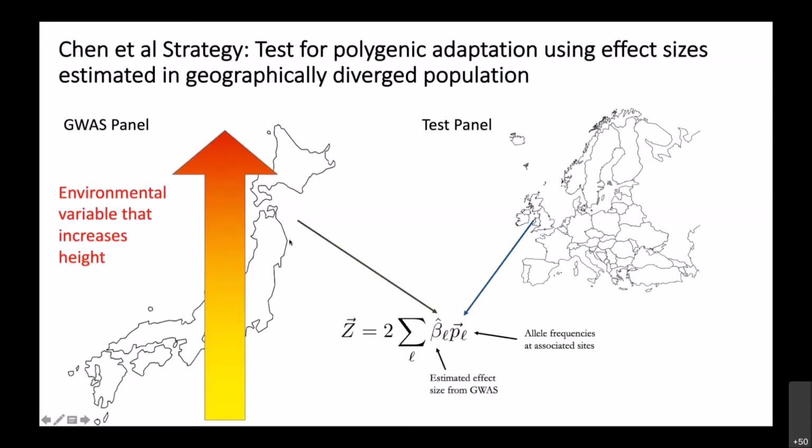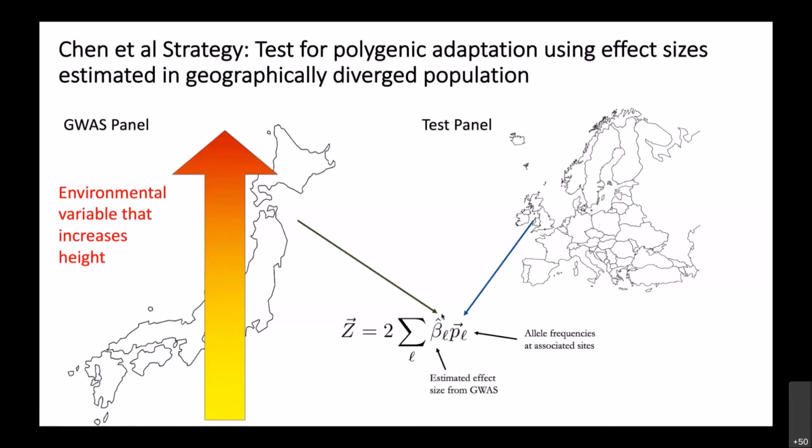What they're doing is hoping that they have a separation of population structure between structure in Europe and structure in Japan. So suppose there's hypothetically some environmental variable that increases height as you move from south to north in Japan. That could bias the effect sizes, but hopefully it doesn't bias the effect sizes in a way that is correlated with patterns of allele frequency variation across the European continent.